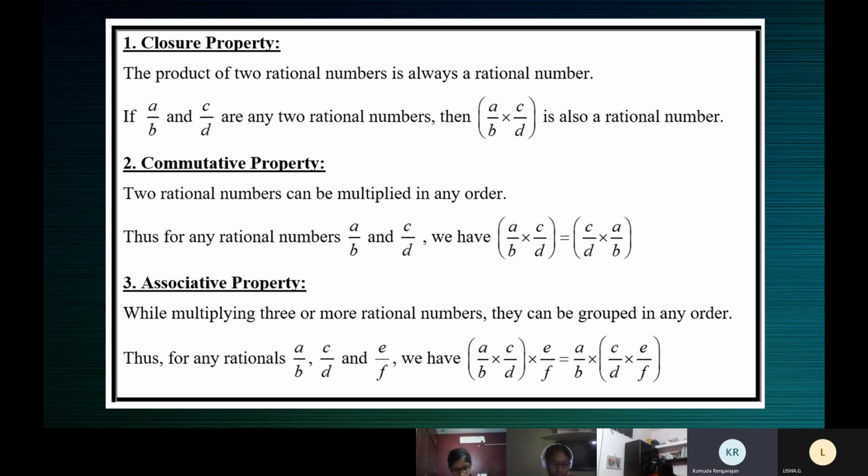So rational numbers are closed under multiplication. The product of two rational numbers is always a rational number.